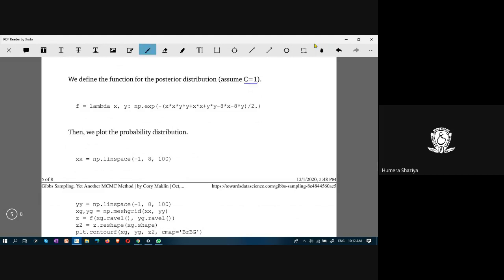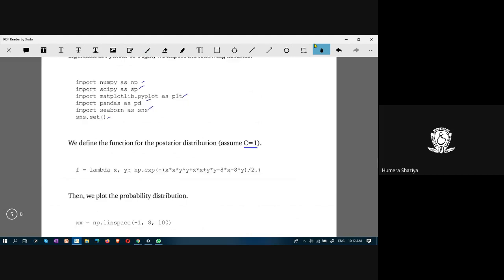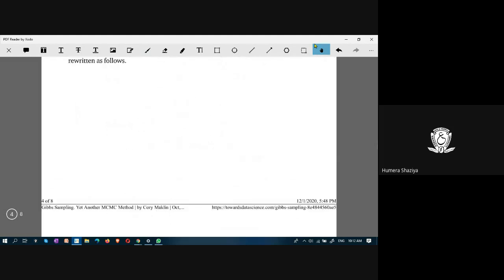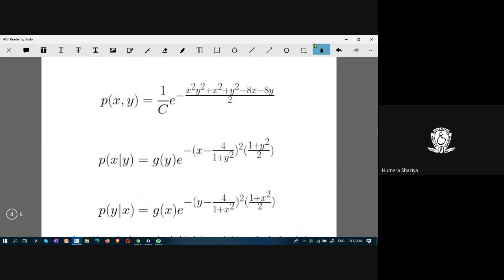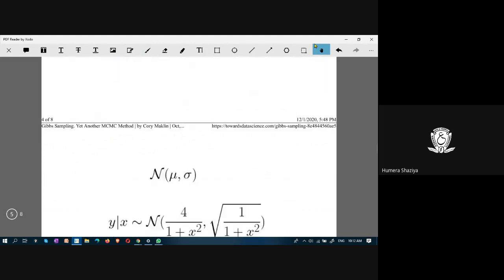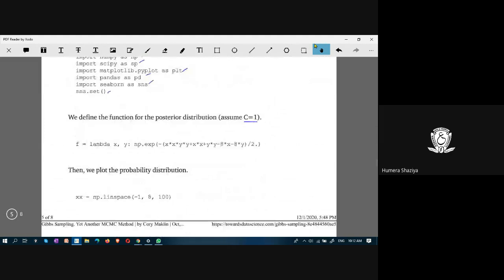Assuming that C equal to 1 initially, you see how it is done. np.exp, that e, this formula is there, no? This one. C is 1 into e to the power that you are modeling here, like this.